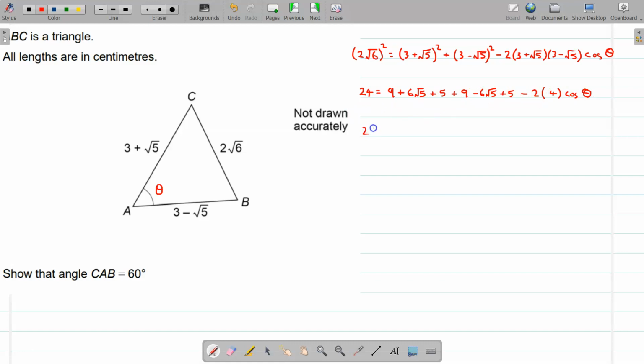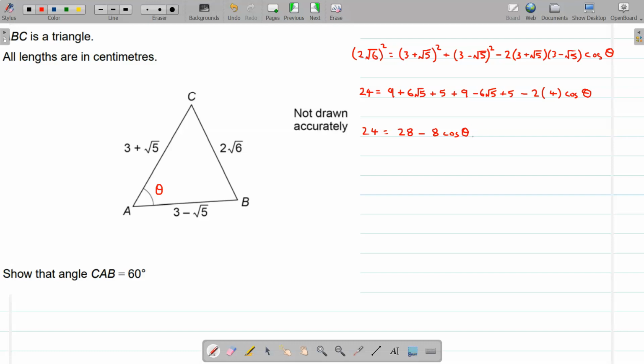So I've got 24. Now the plus 6 root 5 and the minus 6 root 5 cancel. So I've got 24 equals 9 plus 5 plus 9 plus 5, which is 28, minus 8 cos theta.